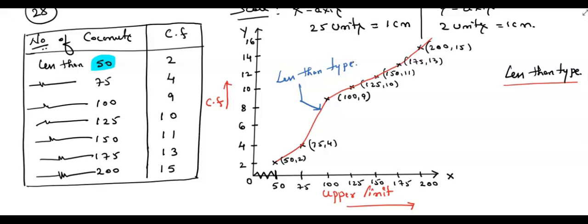Here they have given a very simple question in this model paper, but you have to solve other types of questions also from the examination point of view. Here they directly gave the upper limits and cumulative frequencies.